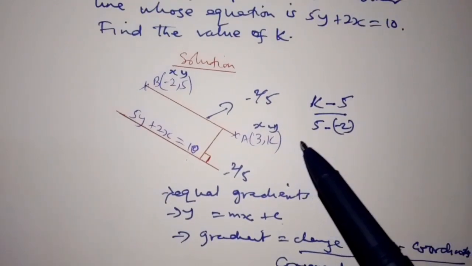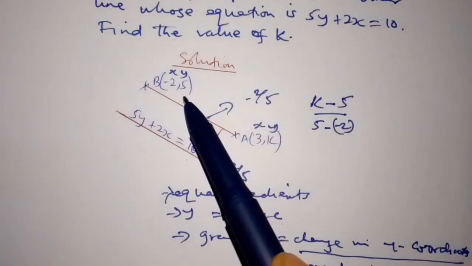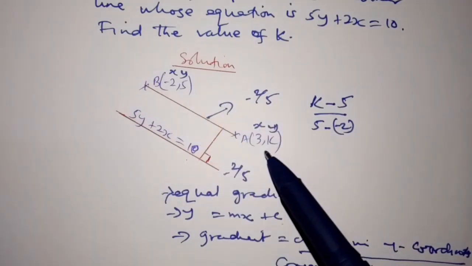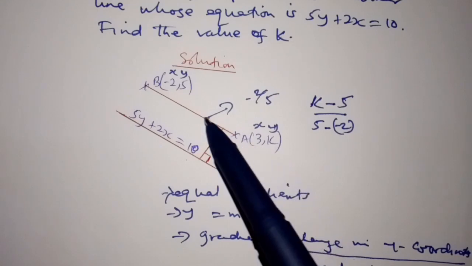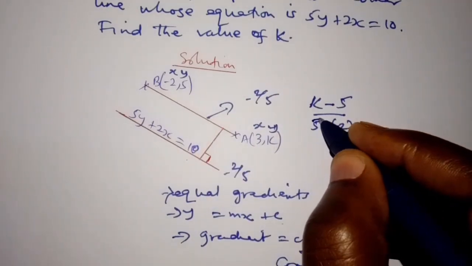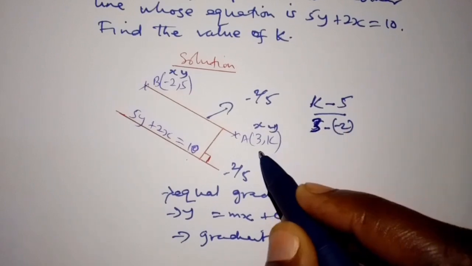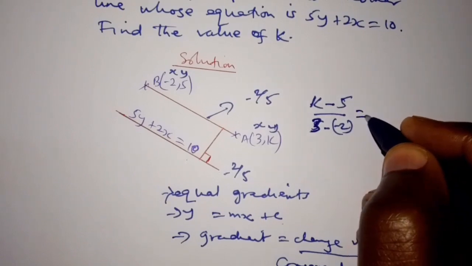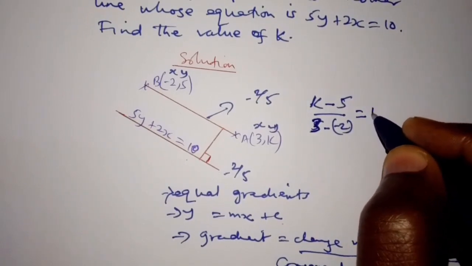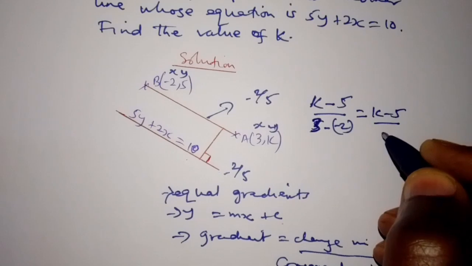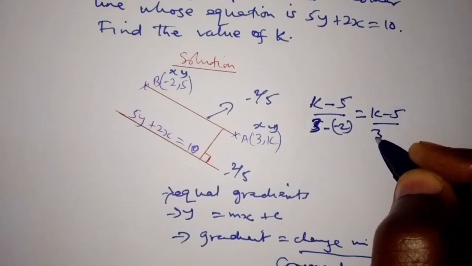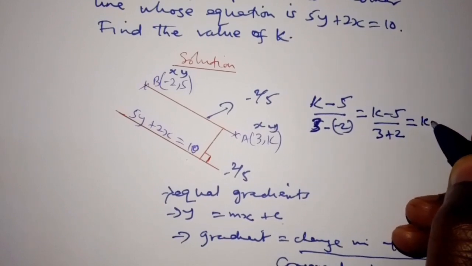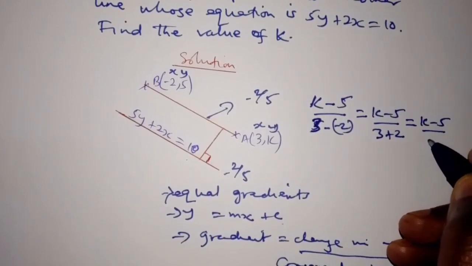So it is k minus 5 over 3 minus 2, which is giving us k minus 5 over 5.